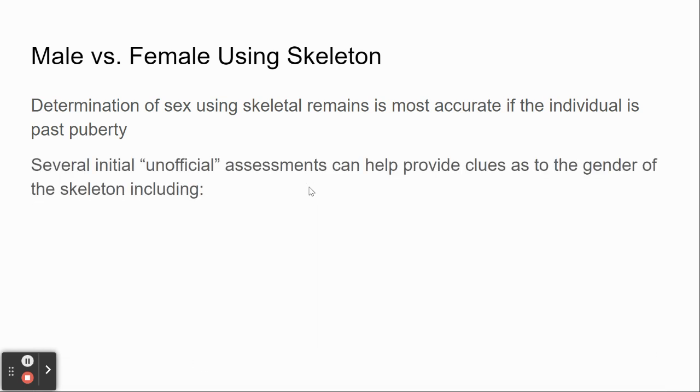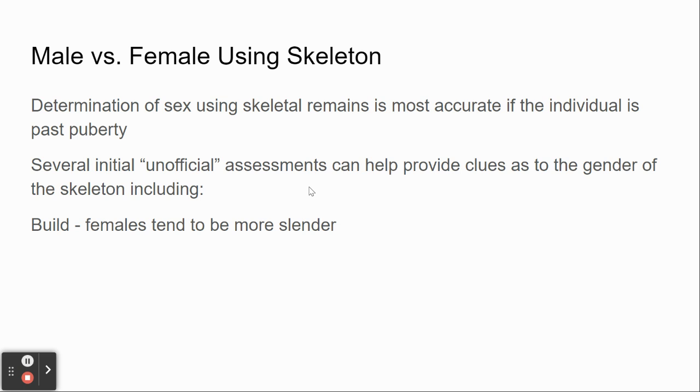But some of the things that you're going to look at, again, that can help give some guidance or some clues as to whether you're looking at a male or female skeleton, right? And these are going to be unofficial because there's always outliers. There are always exceptions to the rule, if you will. But in general, from a skeletal standpoint, females tend to be more slender.